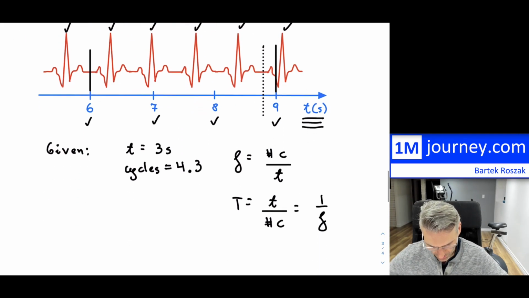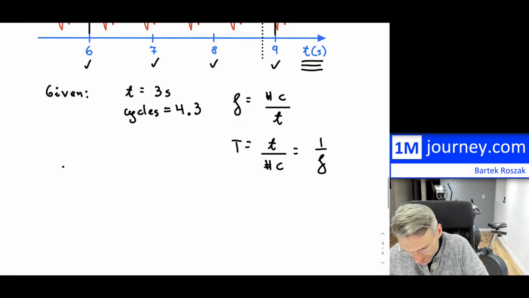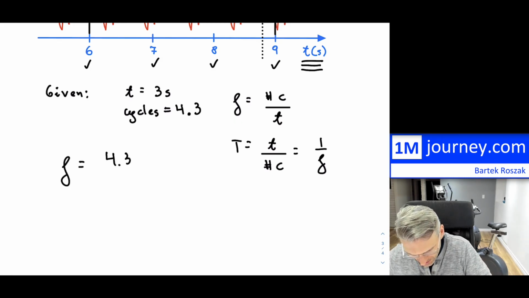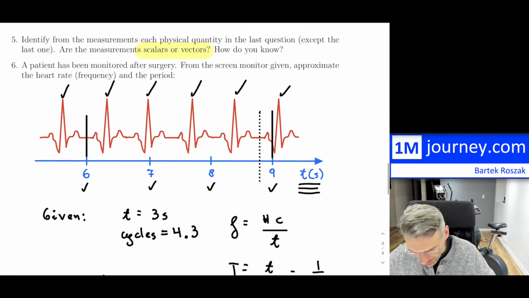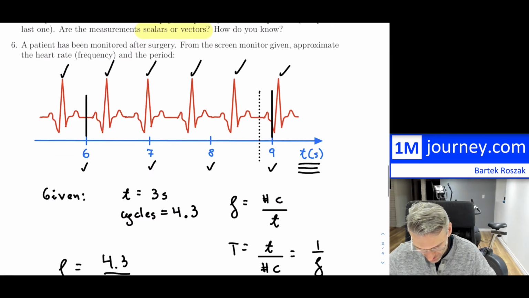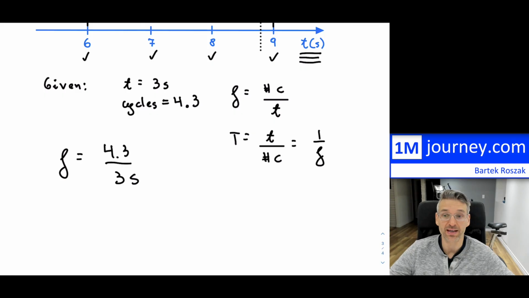All right, so what does that mean? That means my frequency would be the number of cycles within this, per second. Now, it doesn't really state it here, but I guess it's heart rate, so maybe we might want to change this back to minutes.